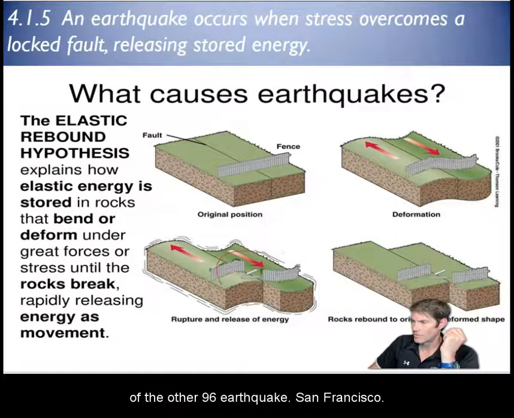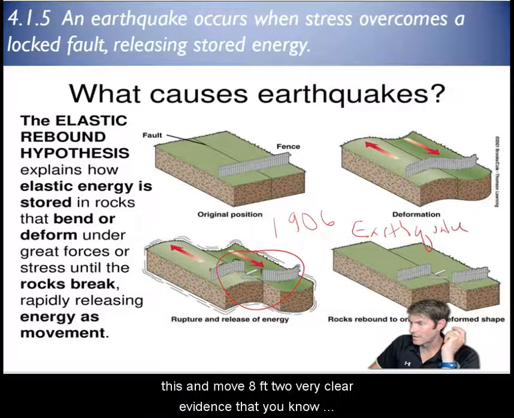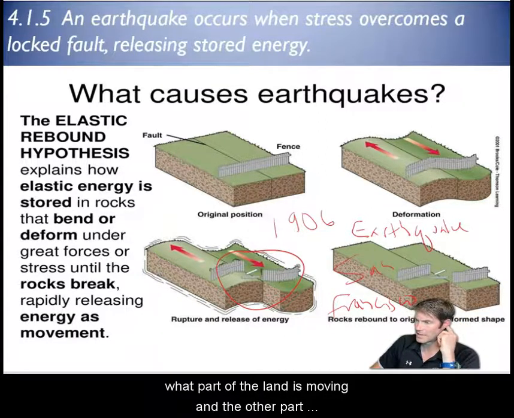And this is a really classic one. Remember, we saw the 1906 earthquake in San Francisco. When they investigated, they saw that fence line that broke just like this and moved 8 feet.